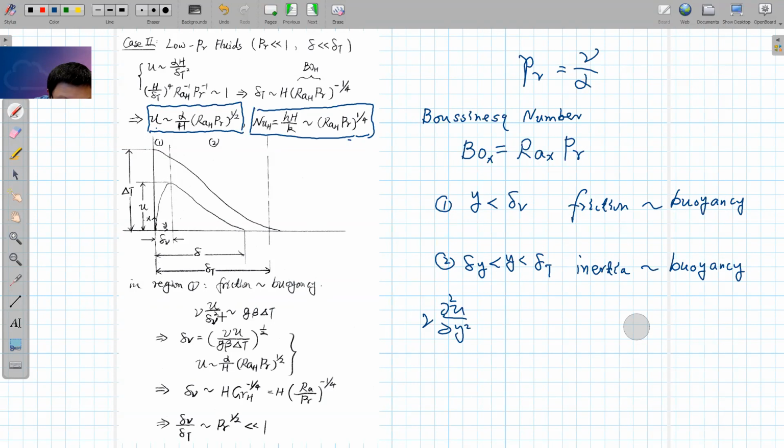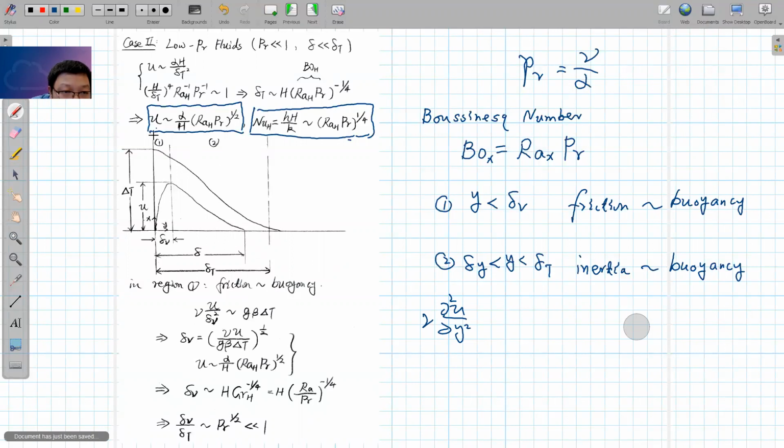And U should be this one, and the Y scale becomes delta V. And it will be the order of the buoyancy, so the order of g beta delta T. By doing this scaling, we can derive what the length scale of this small delta V will be. It will be mu times U over g beta delta T, and the square root of them.